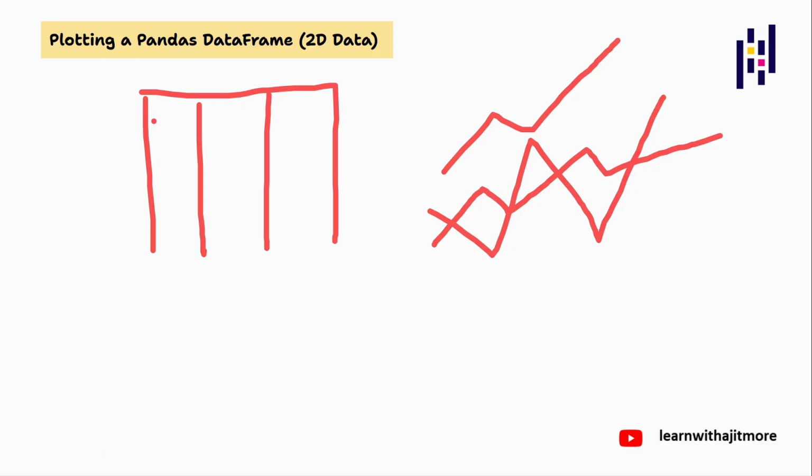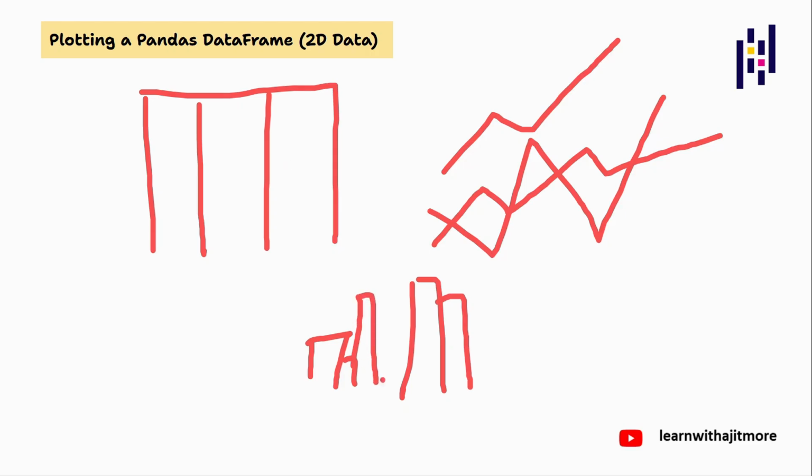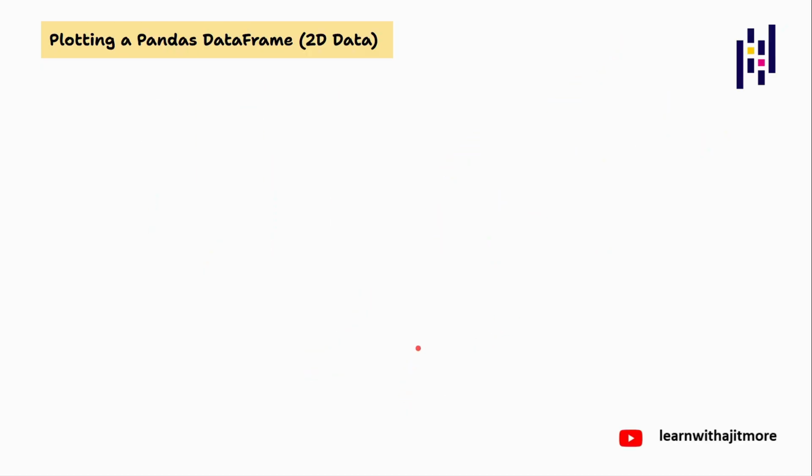For each value there will be one bar. Along with that, for the second column, each value will have a separate bar. And for the third column, again for each value, there will be a separate bar. So that thing you should remember, right?